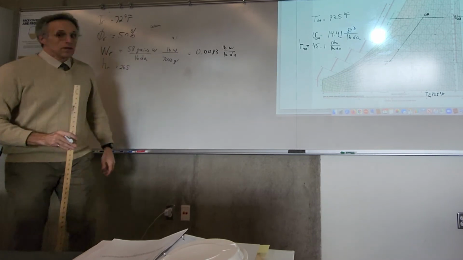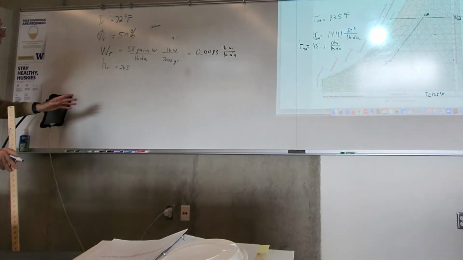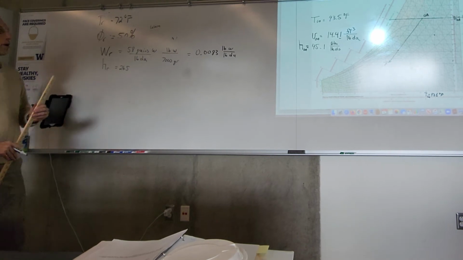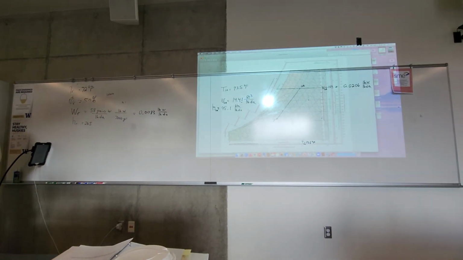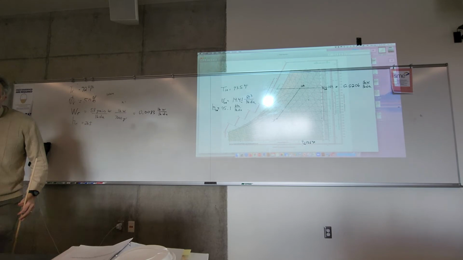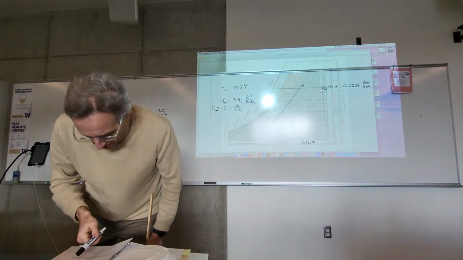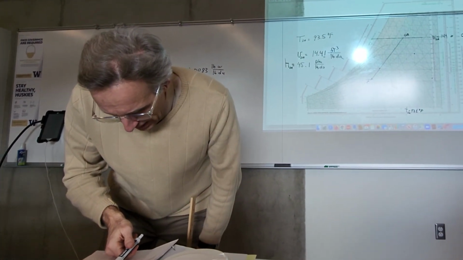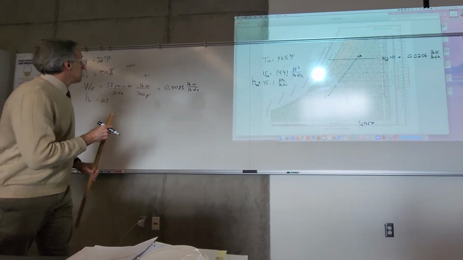Okay. All right, so we have the necessary information to do an energy analysis on our air conditioning unit here. The final thing we need is the flow rate of the air, and that's given as 500 CFM.